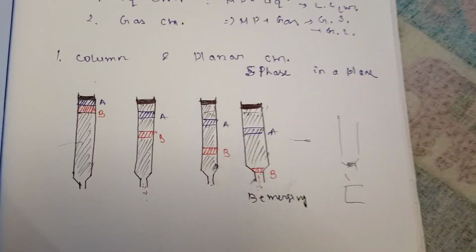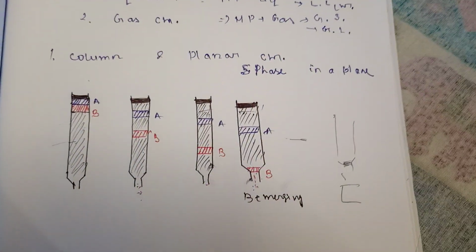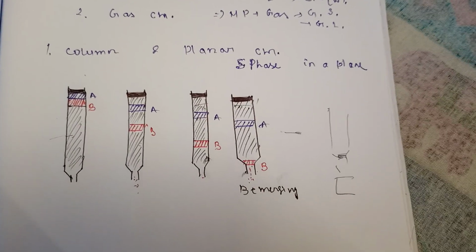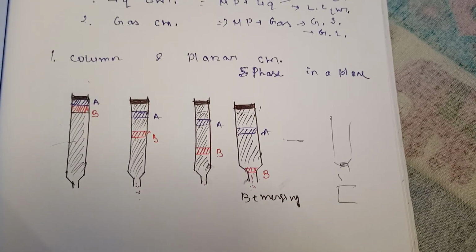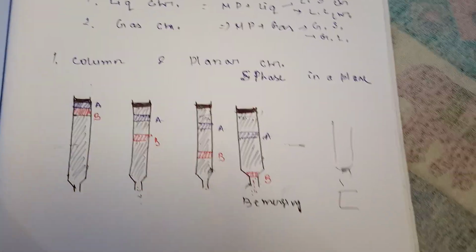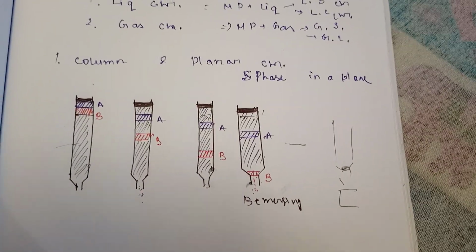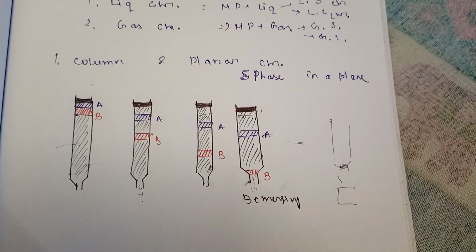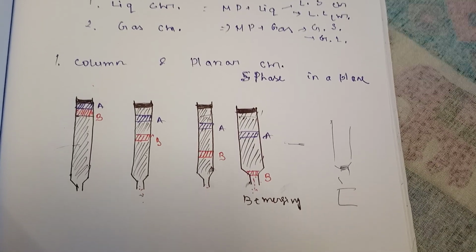In our next video we will learn about the details of size exclusion, ion exchange or affinity chromatography, these things. So in this video we just know the basics of chromatography, why and how it is used in a simple way.